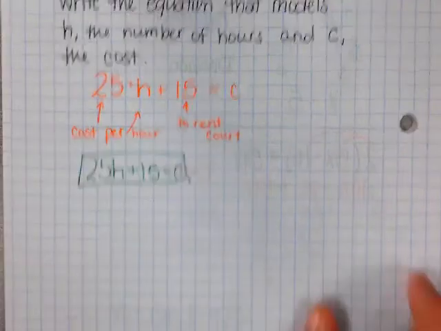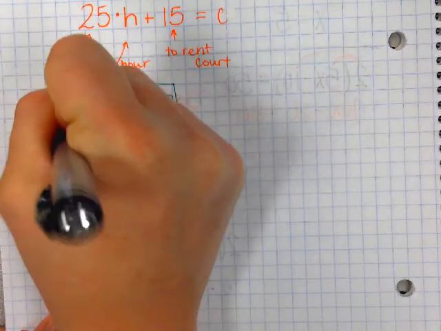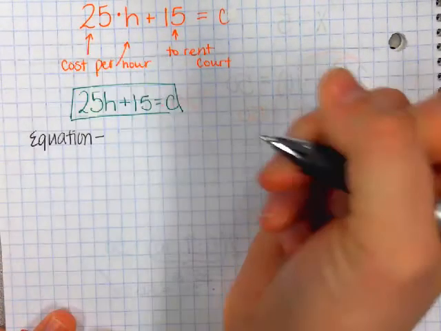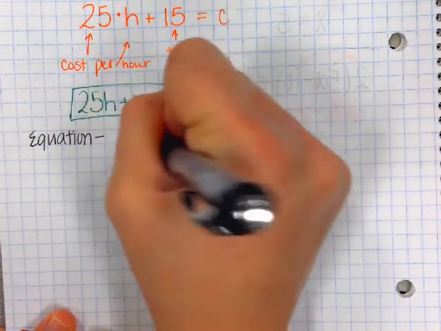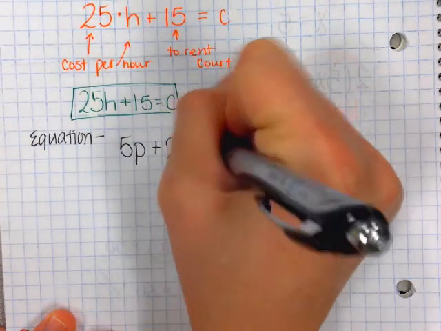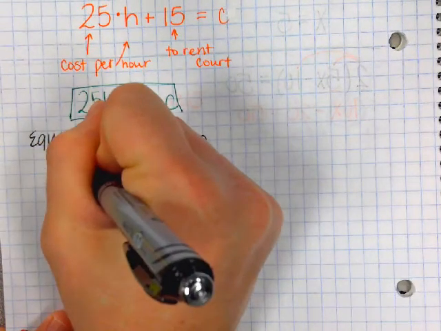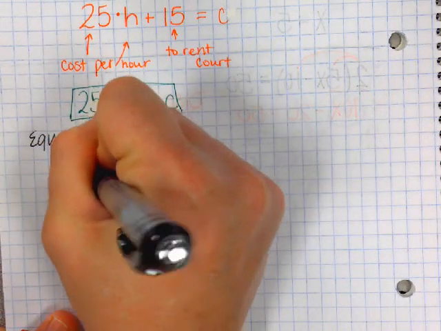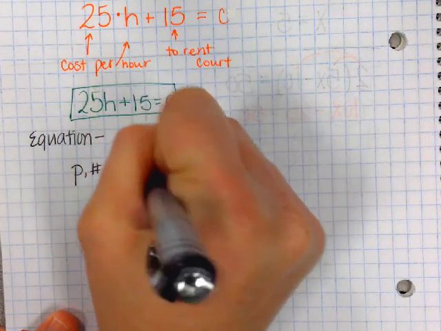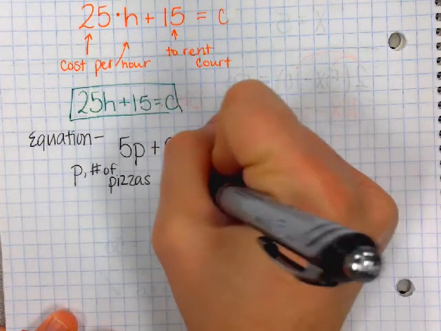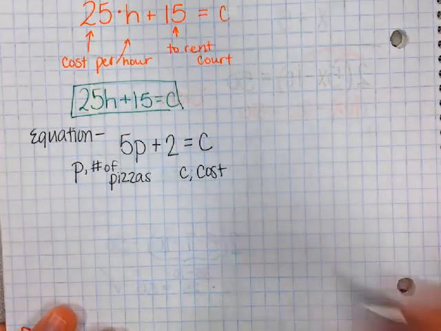Now if I give you the equation, write the verbal. So if I give you an equation of 5p plus 2 equals C, where p represents the number of pizzas and C represents the cost.